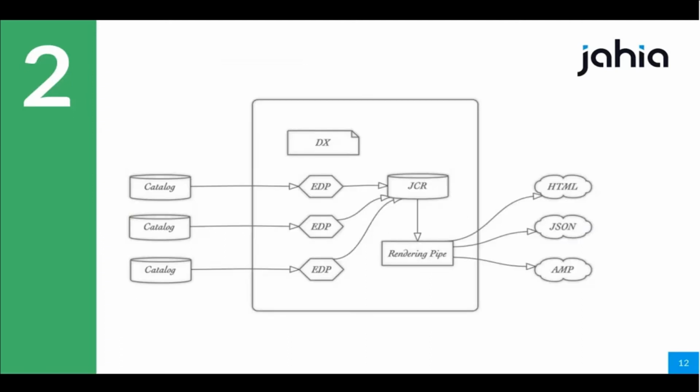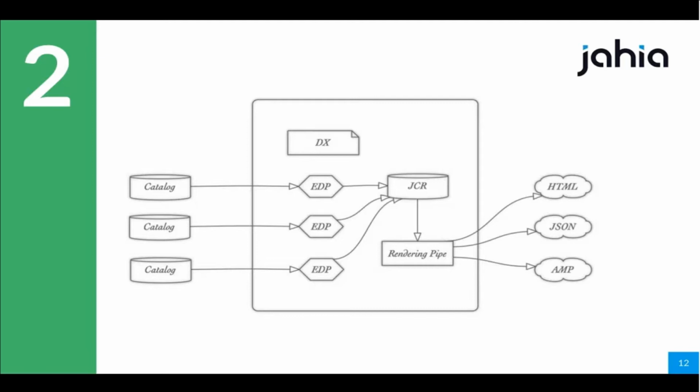So here, for each type of catalog, that's the architecture we will have in the end. We'll develop an external data provider if the catalog is of a different nature. If it's the same one, you can use a factory to connect multiple times to the same type of catalog. What the external data provider does is expose nodes that will be seen as nodes by Jahia in the JCR.